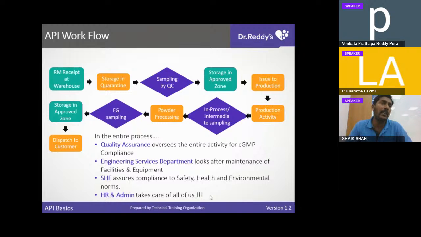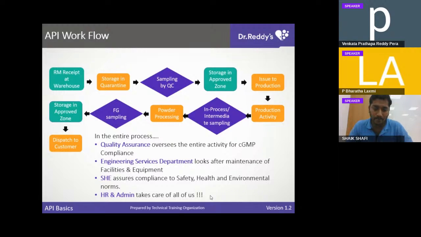Take the example of children taking syrup. People will not take the drug directly because it is not good in taste. That is the basic difference excipients give.